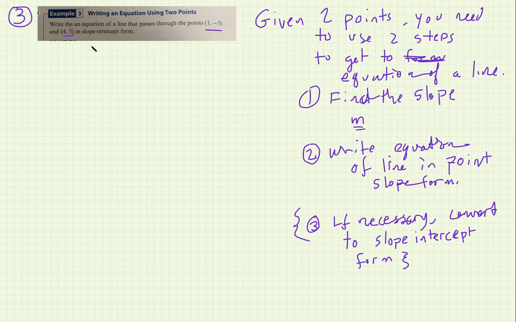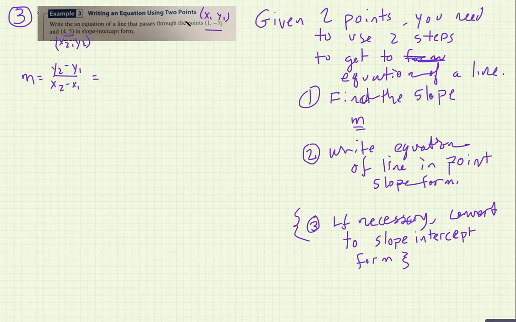Okay, so what are we going to do? Let's find our slope. Remember, our slope is equal to y2 minus y1 over x2 minus x1. We're going to call this point x1, y1, and this one here x2, y2. I like to label it sometimes so I don't get too confused.